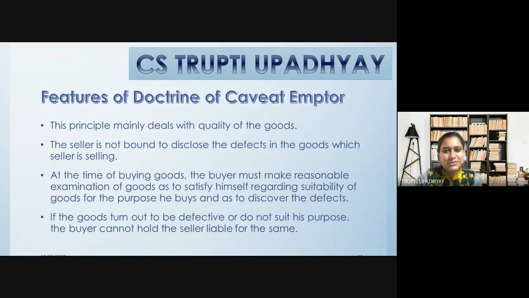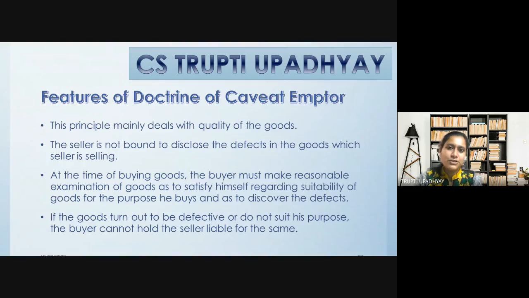It's the buyer's duty to find out the defects, if any, in the goods before buying those goods. At the time of buying goods, the buyer must make a reasonable examination of the goods so as to satisfy himself regarding the suitability of the goods for the purpose he buys, and to discover the defects.